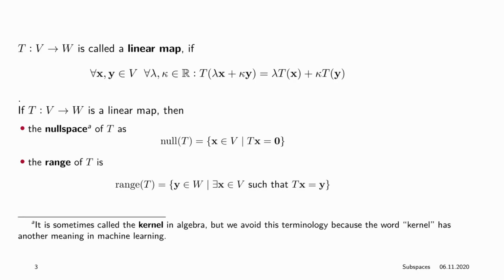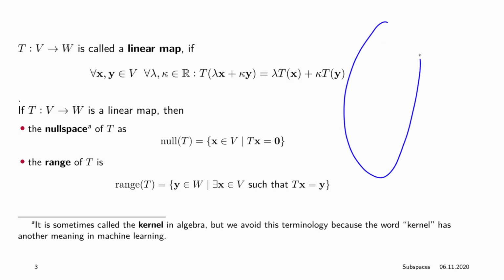So the null space is a subspace of V. And the second important space is the range of T. The range of T is defined as the set of all vectors y in W, so on the other side, with the property that there exists some other vector x in V such that T maps from x to y. Maybe it would make sense if we draw a picture about this.